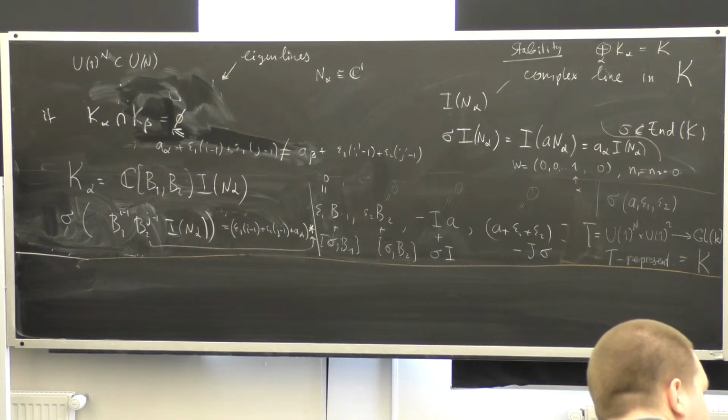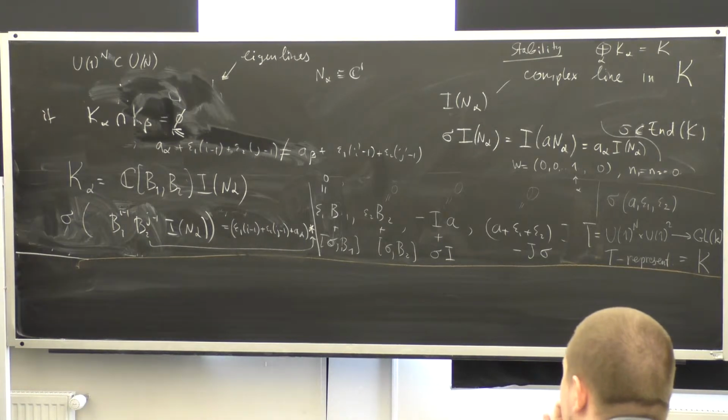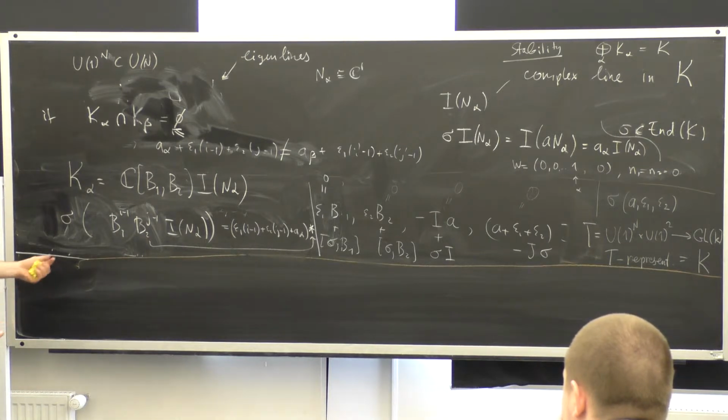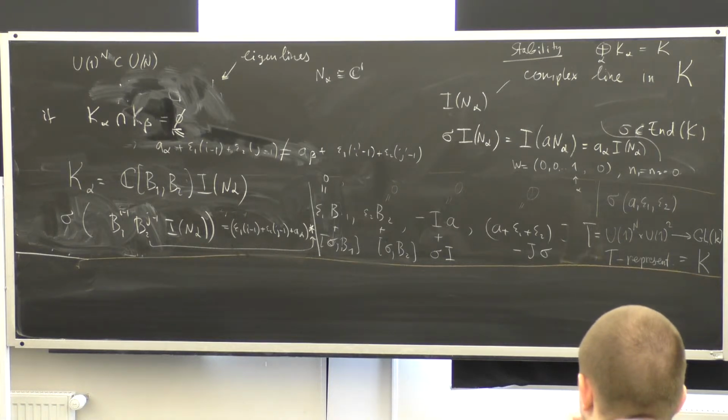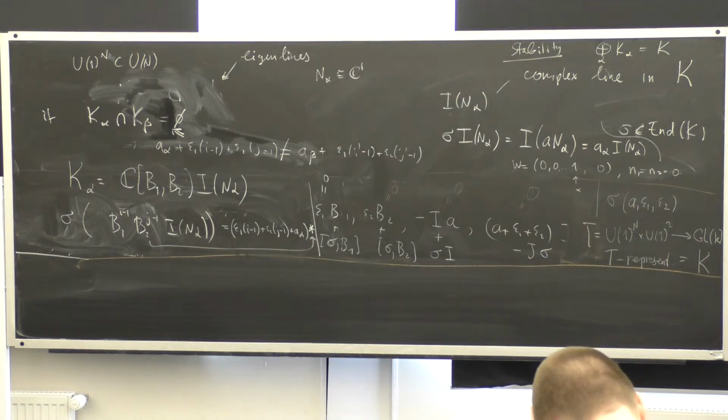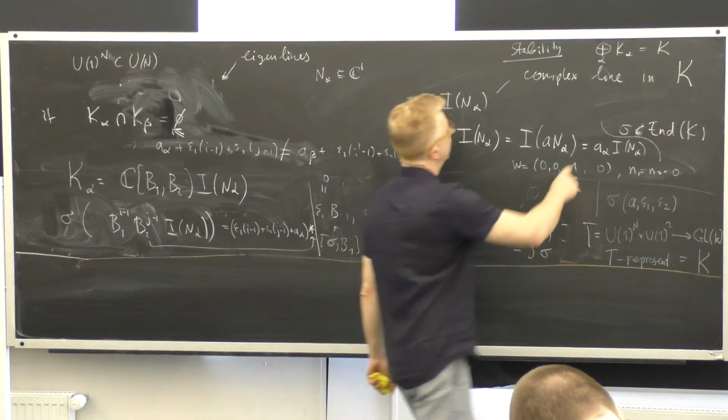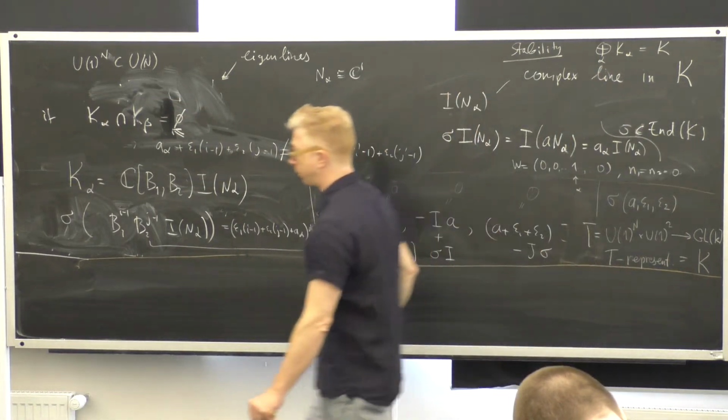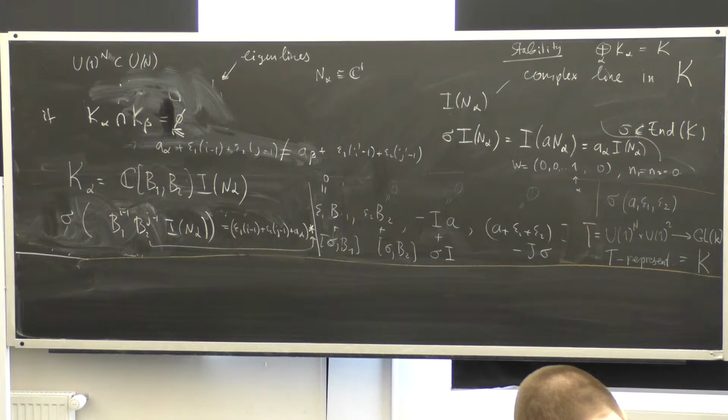And now it looks like you effectively have a situation where your space N splits as a sum of n one-dimensional spaces. And the space K splits as a sum of n subspaces, for which you have this structure.